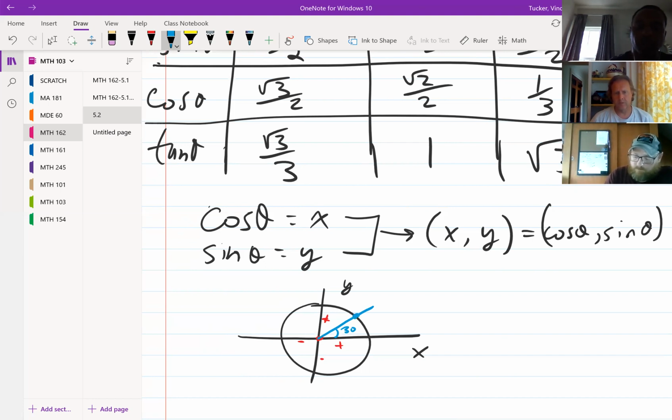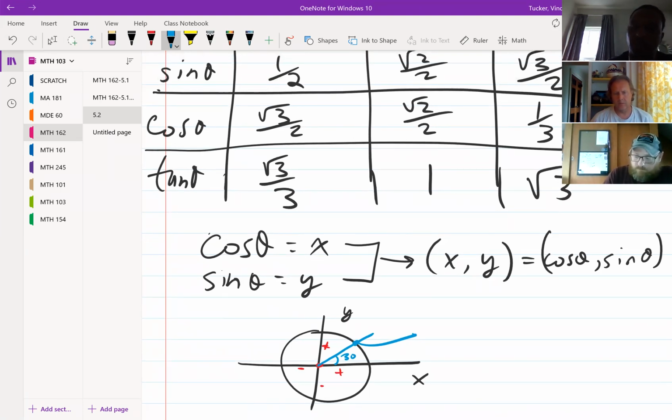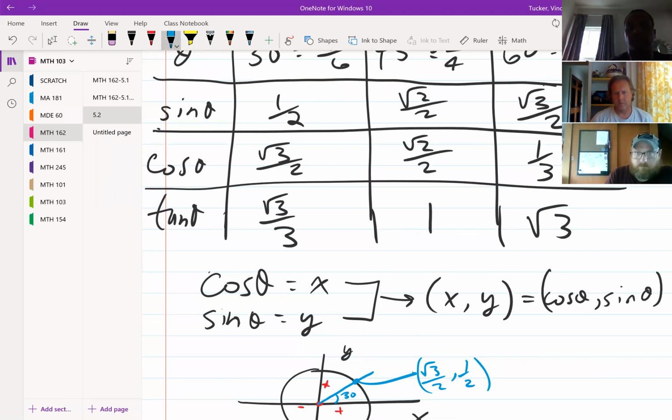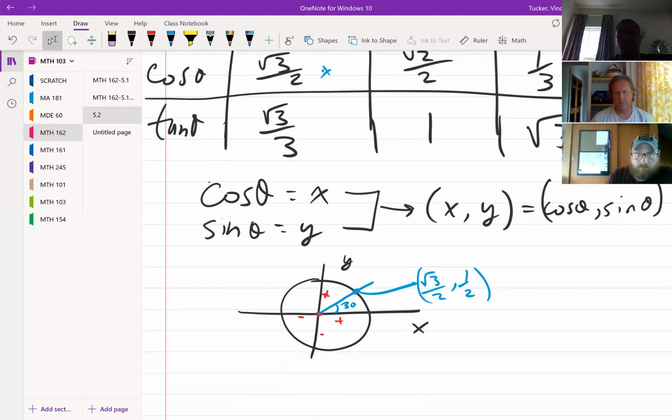This coordinate right here would actually be square root of 3 over 2, comma 1/2. And so that goes back to what we're talking about up here in the chart. Square root of 3, this is my x, these are my y's. All right, and that's the unit circle that I was talking about.